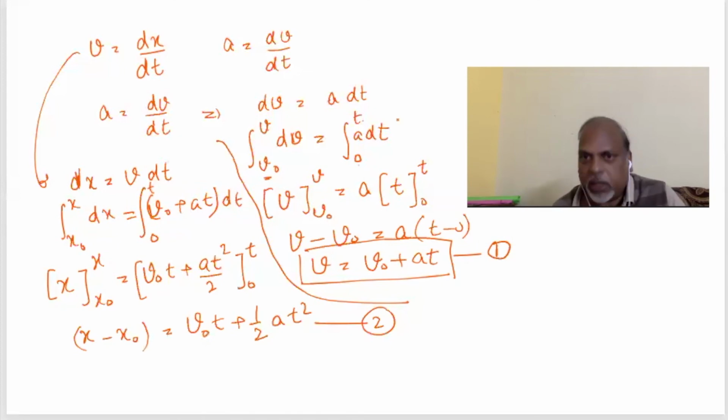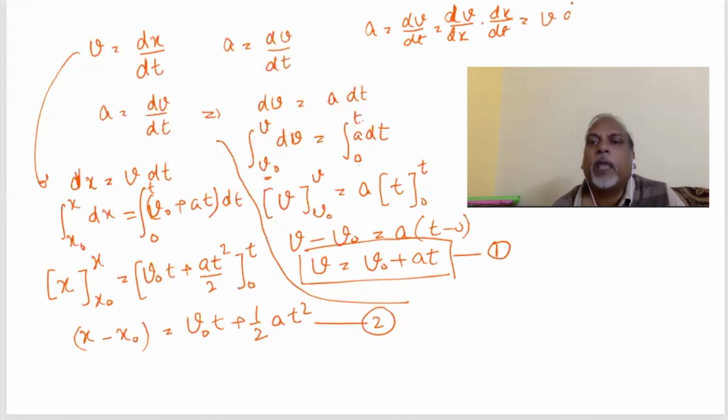Now for the third equation, we know that a is equal to dv upon dt, and this can be written as dv upon dx into dx upon dt, or this can be written as v dv upon dx. Correct?